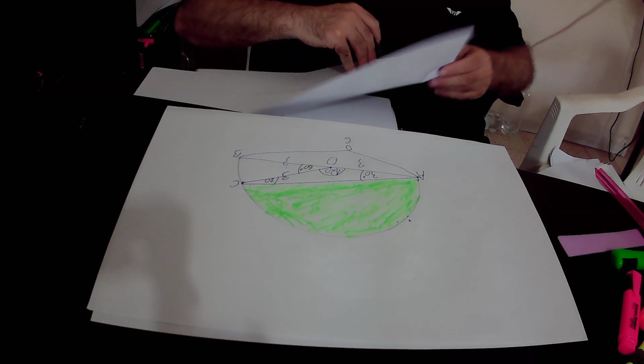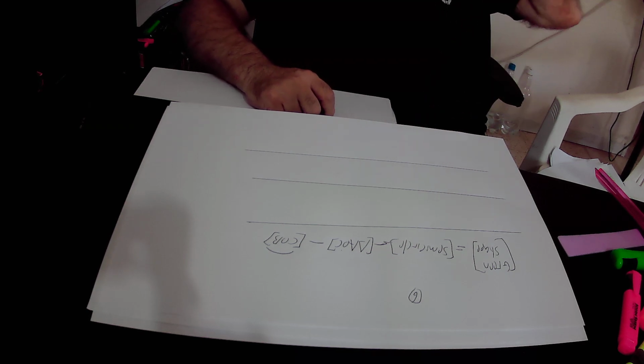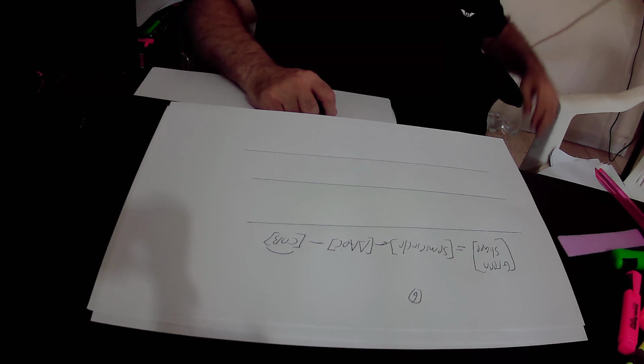Repeating again: according to the second method, the area of the green shape equals the area of the semicircle minus the area of triangle AOC minus the area of sector COB.